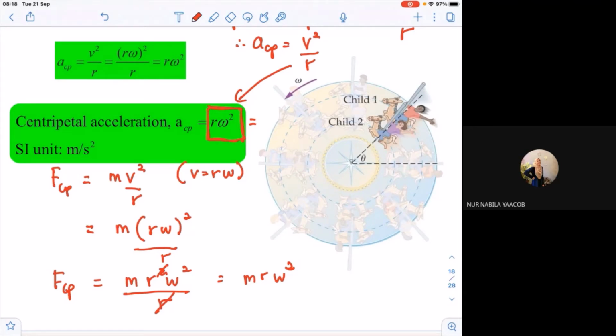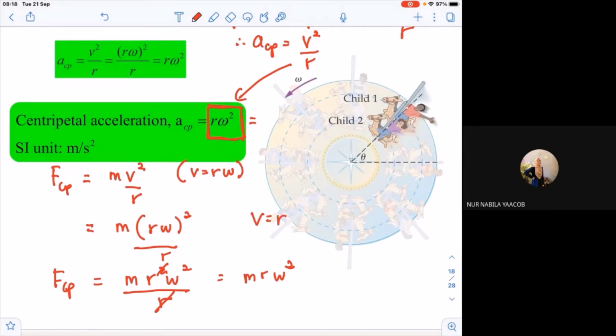And right now you already know that velocity can be converted to omega, and omega can be converted to v by the equation v equals r omega.